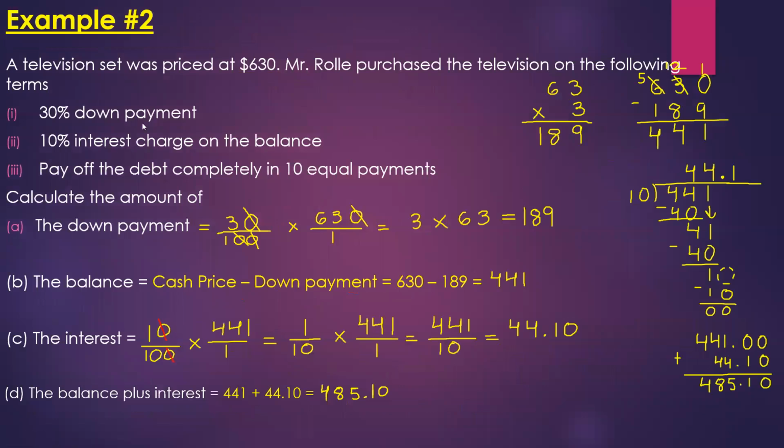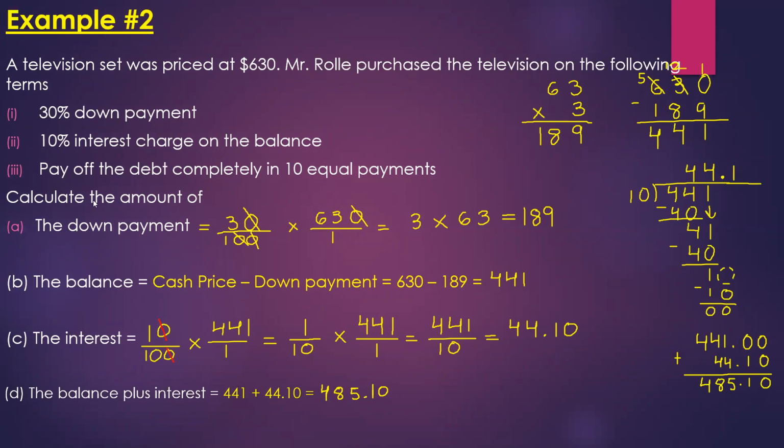Shaya, can you explain example number 2, please? Okay. So example number 2 says a television set was priced at $630. Mr. Roll purchased the television on the following terms. So he has to pay a 30% down payment, 10% interest charge on the balance, and he has to pay off the debt completely in 10 equal payments.